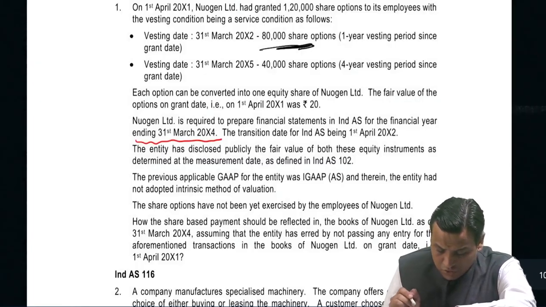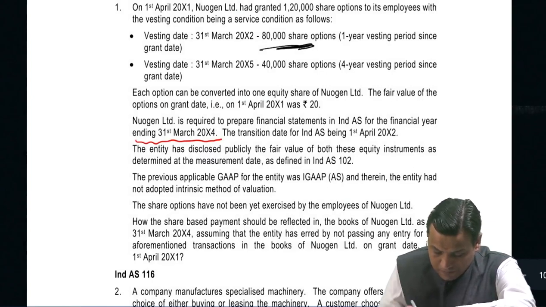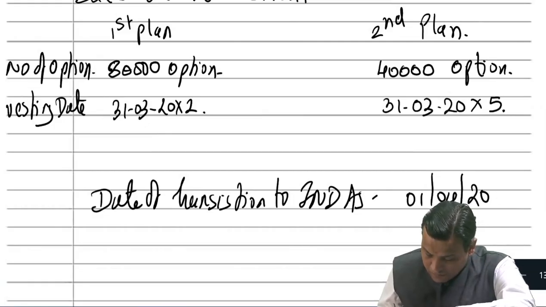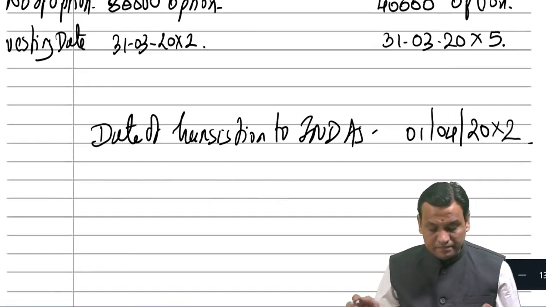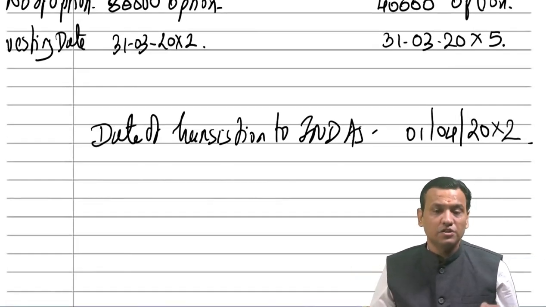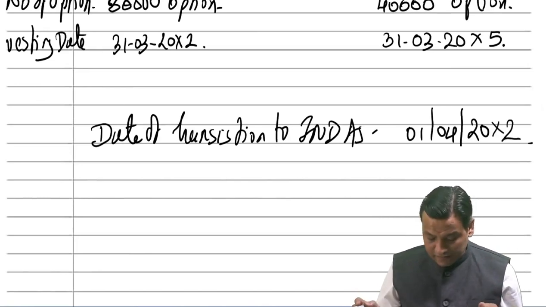First April 20x2. This is the date on which you transit to Ind AS.